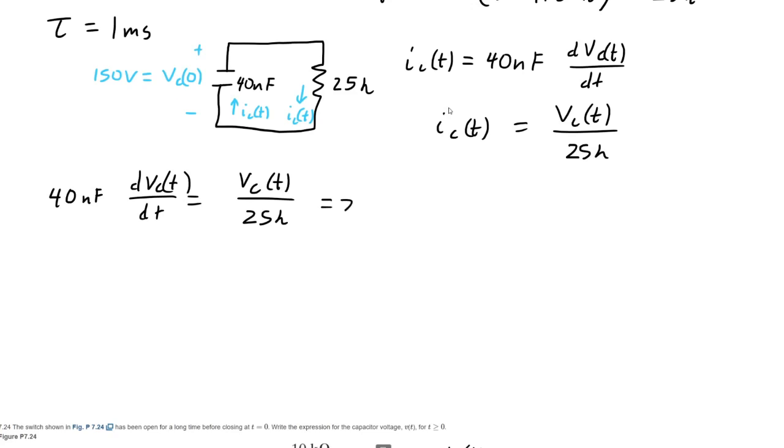Let's put it all on the same side too. So dVc(t)/dt minus Vc(t) over tau, which is RC, equals 0. And we know tau is 0.001.